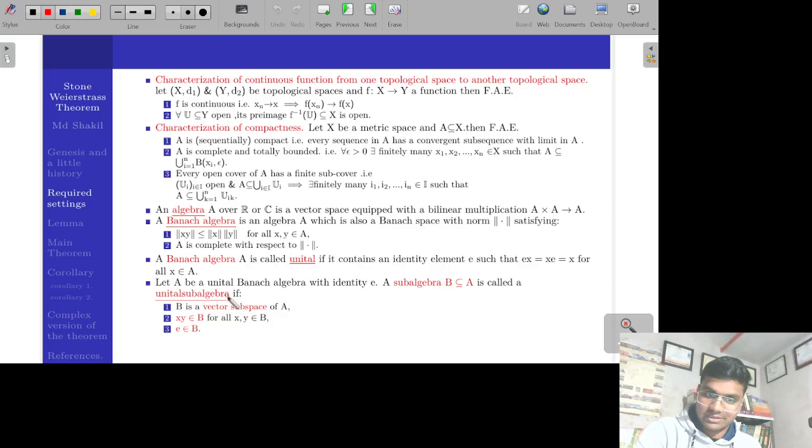So, if A is a unital Banach algebra with identity E, a subalgebra B subset of A is called a unital subalgebra if B is itself a vector subspace of A, and x times y is in B for all x, y in B, and E is an element of B itself.